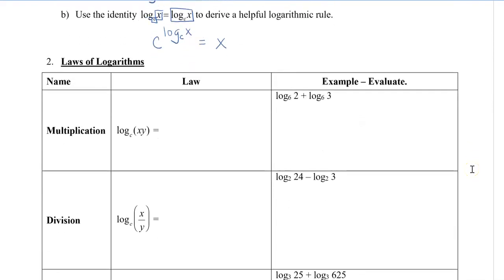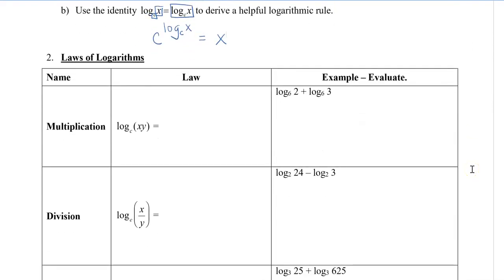All right, so this brings us to the three laws of logarithms. The first one is multiplication, and we know that when we multiply powers, we add our exponents. So this means that log x times y with a base of c is equal to log x with a base of c plus log y with a base of c, because when we multiply, we add our exponents.